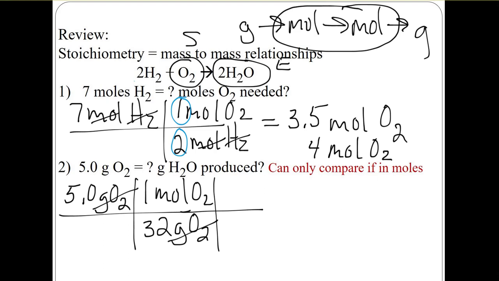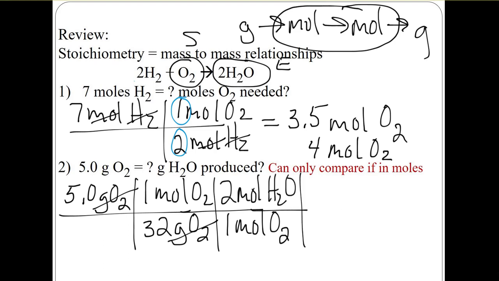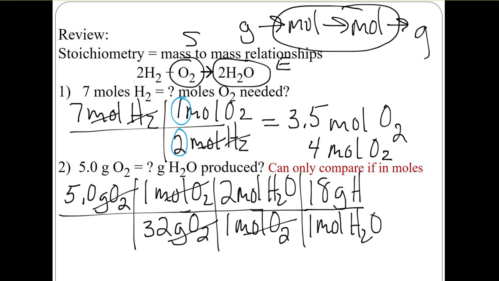So now I'm going to cancel out moles of oxygen, and this is using my balanced equation, and change it to moles of water. All right, so moles cancels and oxygen cancels, and now I am working with moles of water. So to go to grams, 1 mole of water equals 18 grams of H2O.